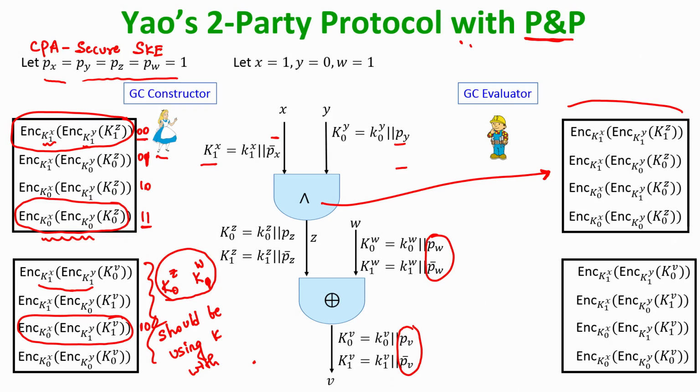Now, let us see how Bob can just do a single decryption and magically identify which of these 4 ciphertexts he has to decrypt. What Bob will do is the following: from the 2 keys that he has, one corresponding to the x wire and one corresponding to the y wire, Bob will focus only on the permutation bits.